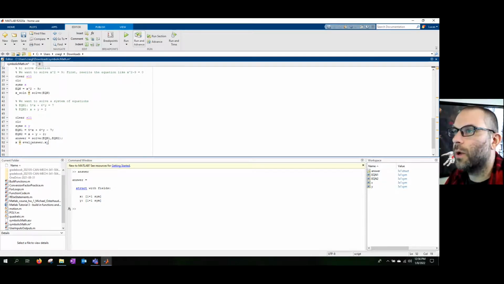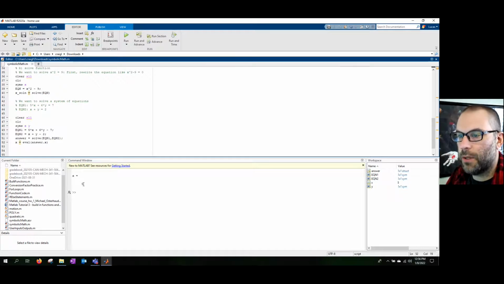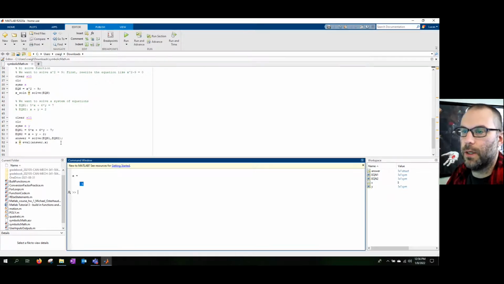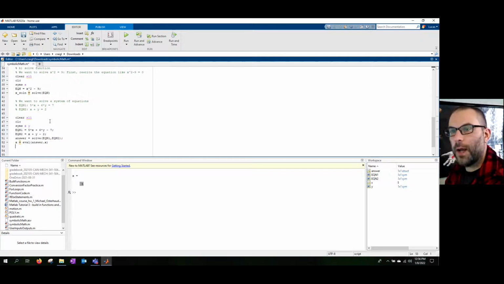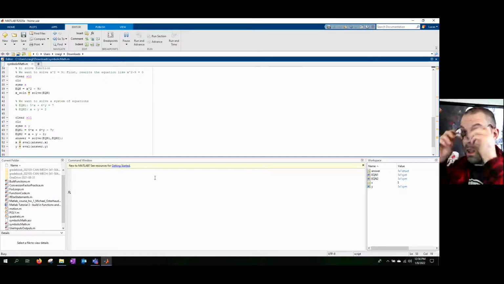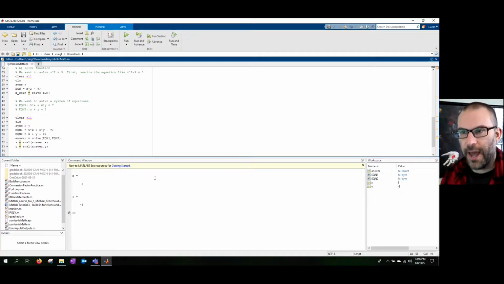Okay. So when I run this now, it will spit out a number for me now. Okay. Do the same thing for y. Eval answer.y. This is how you actually have to grab those values. Okay. A lot of the coding has to do with understanding how to grab that.